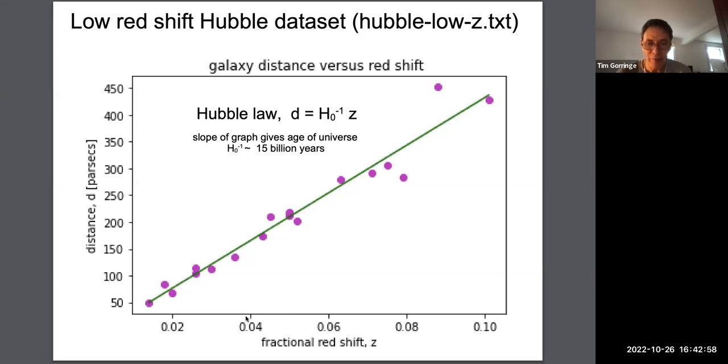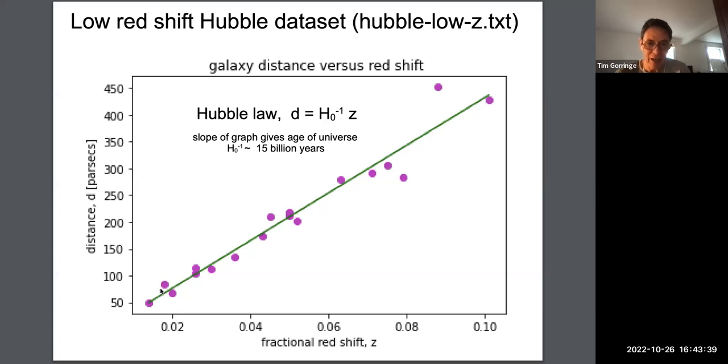In this particular plot, I've actually got on the horizontal axis a proxy for the velocity of the galaxies. So it's actually the fractional redshift of the galaxies. The faster the galaxies are traveling away from us, receding from us, the greater the redshift. And so this is the fractional redshift, the proxy for the recession velocity. And then it's plotted vertically versus the distance to the galaxy, the radial distance to the galaxy.